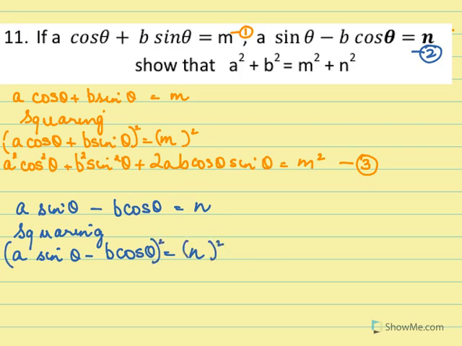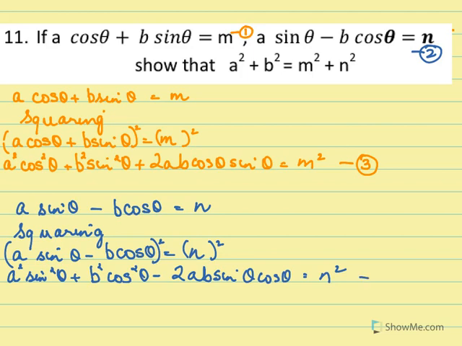We square on both the sides. So a minus b the whole square, a square plus b square minus 2ab equal to n square. This is my equation 4.